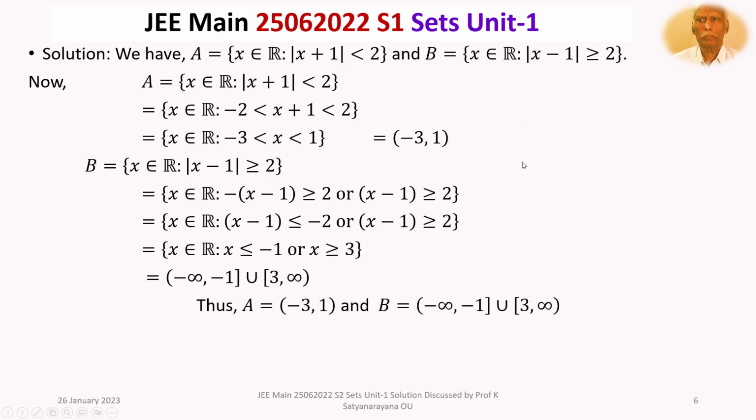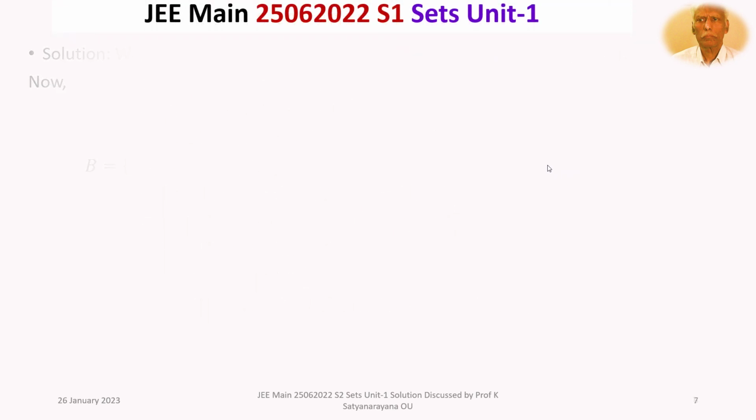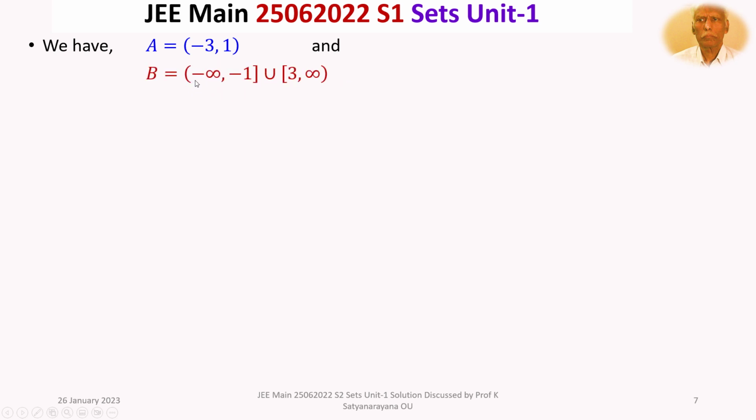So we got A and we got B. We continue in the next slide. We have A, the open interval minus 3 to 1, and B, the union of two intervals, minus infinity to minus 1, closed at the minus 1 end, union 3 to infinity, closed at the 3 end.